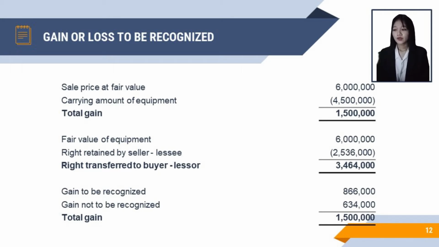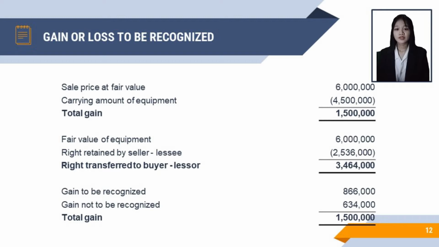So, our fair value is 6 million, less our right retained by the seller-lessee, or the lease liability of 2,536,000 pesos. So we get the right transferred to the buyer-lessor of 3,464,000.